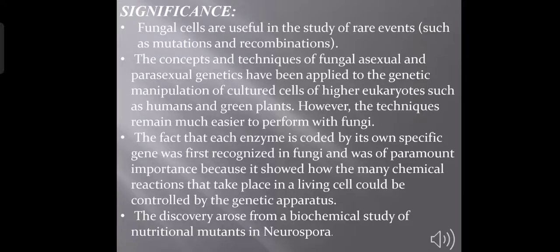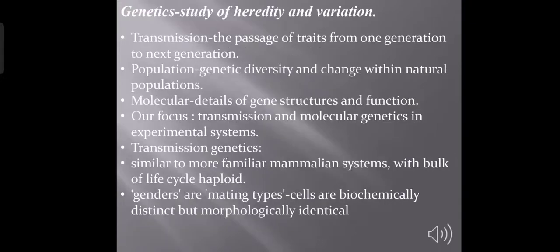The fact that each enzyme is coded by one specific gene was first recognized in fungi and was of paramount importance because it showed how the many cell reactions that take place in living cells could be controlled by a genetic apparatus. The discovery arose from biochemical studies of nutritional mutations in Neurospora.